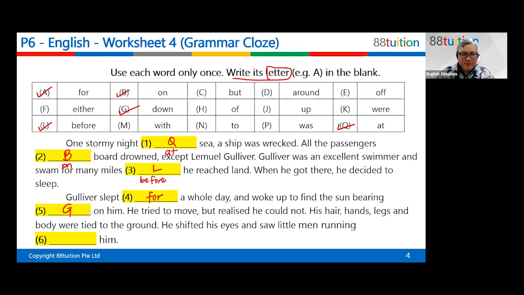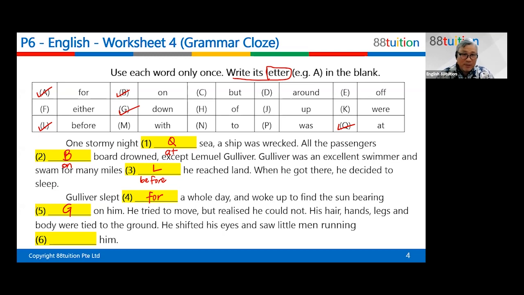What is the answer for number 6? Oh, click on the draw again, Janice and Lucas. 1, 2, 3, 4, 5, 6, 7, 8. Wow, that is a record. Better. Good, good. We're progressing.